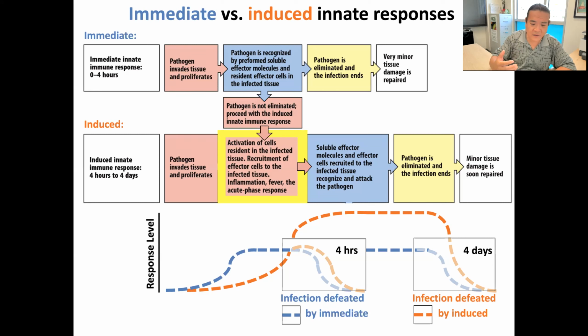They all involve pre-assembled, pre-programmed cells and proteins like receptors, as well as free-floating proteins that act as signaling molecules or directly attack pathogens, like complement proteins. So all of this stuff, from the moment you were born, you're already pre-programmed to do. We said the immediate response takes care of most things.